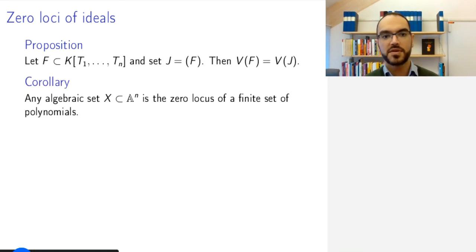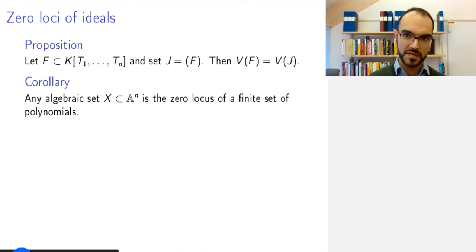This is nice because now we know that any algebraic set is the zero locus of a finite set of polynomials. Why is that? So a priori, it's the vanishing set. Pause and think before you listen to the explanation. A priori, it's the vanishing set of some family F of polynomials. Because of the previous proposition, we can say that it's the vanishing set of an ideal.